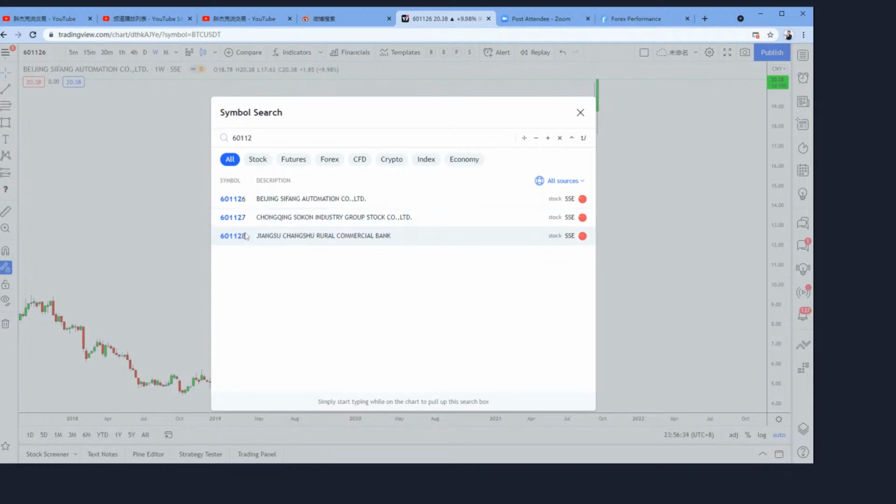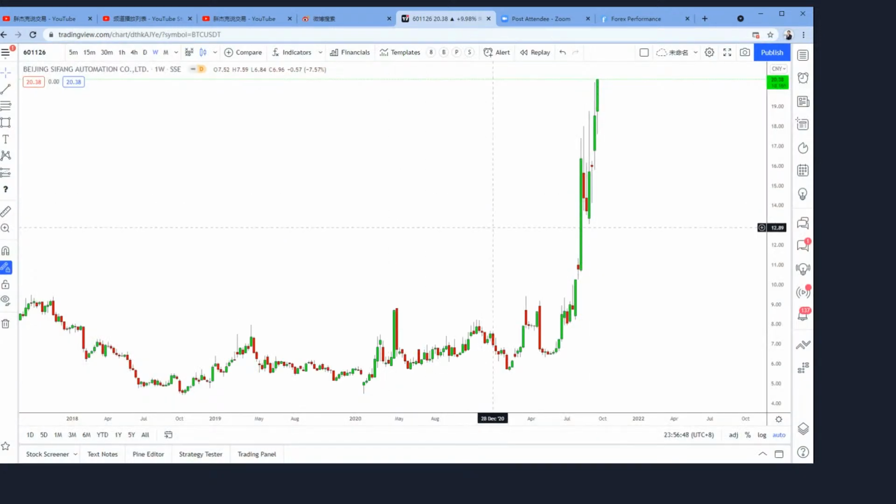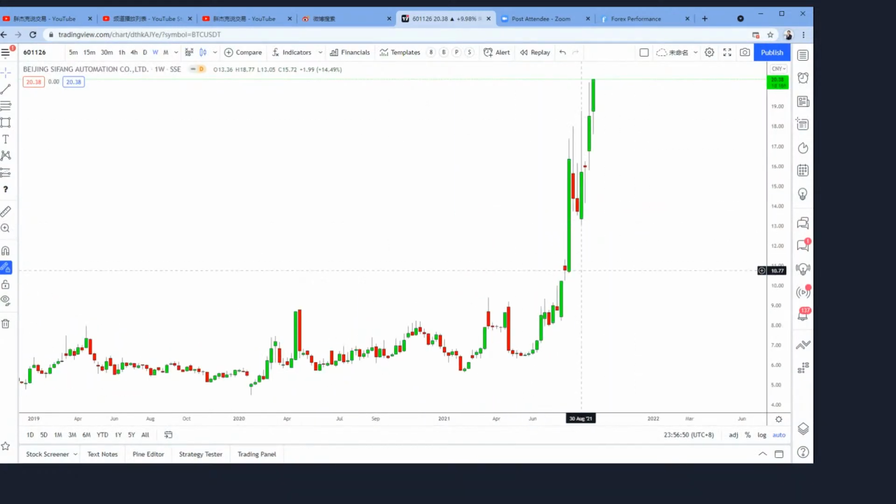I think you missed one number. It's either Beijing Sifang or Chongqing Soken Industry or Jiangsu Changshu Rural Commercial Bank. Are you talking about a bank? Banking stock? No. Probably you're asking for this, right? Oh God, it's so strong. Good choice. If you bought the Beijing Sifang Automation Company, good choice.